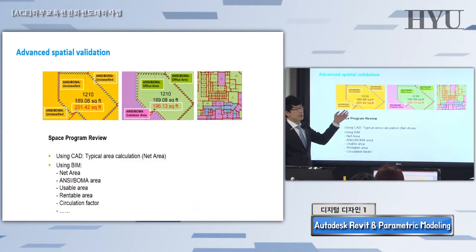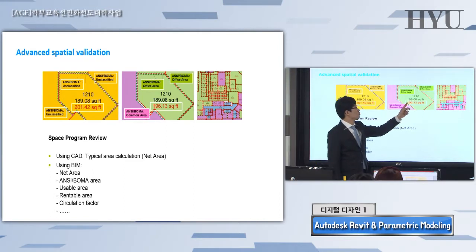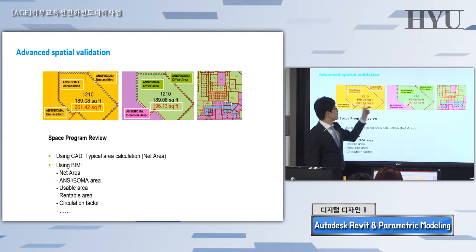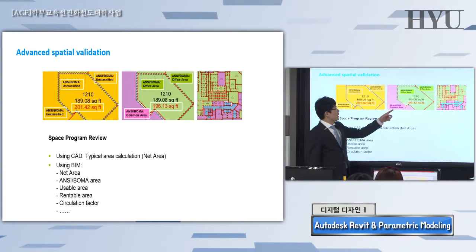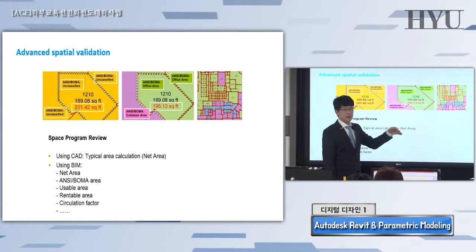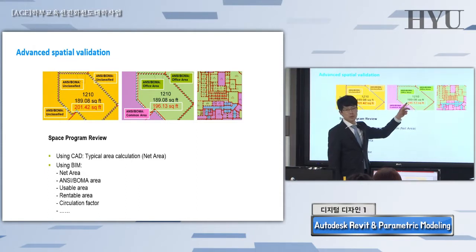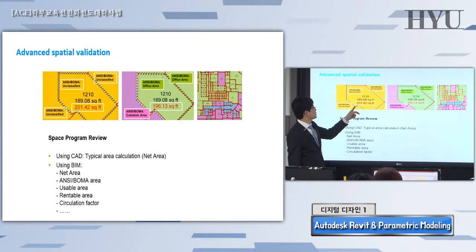So this is the area issue. The first one shows you 201, and the second one shows you 196, different numbers, simply because of the area of the walls. By using the interior finish boundary line, you get a smaller area number, but if you use the center line of the wall, you get a bigger number.